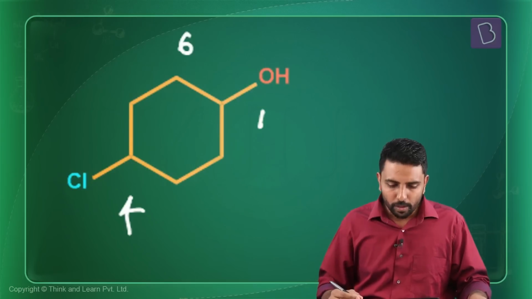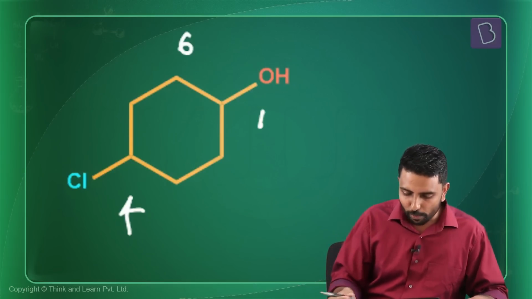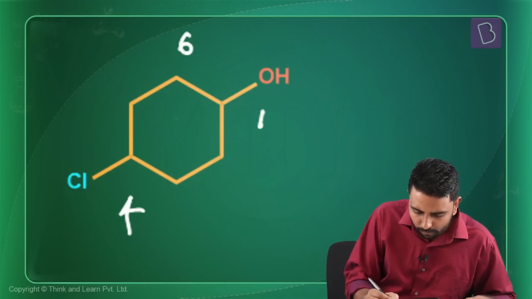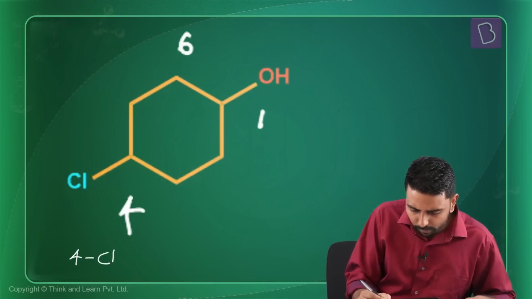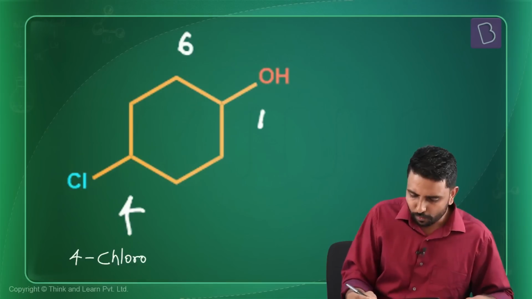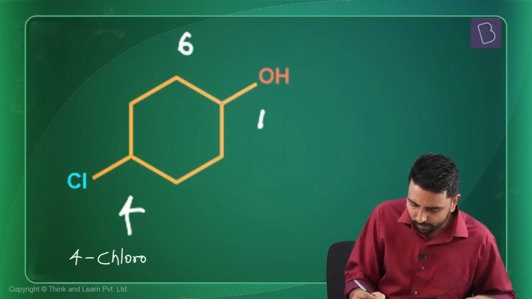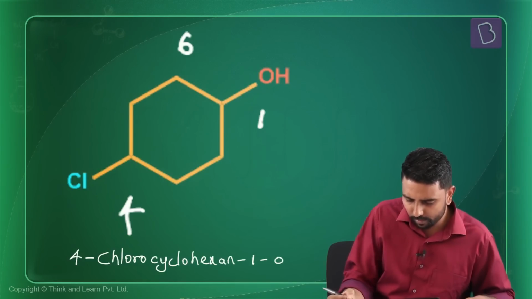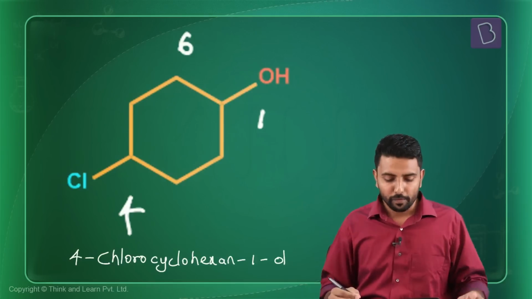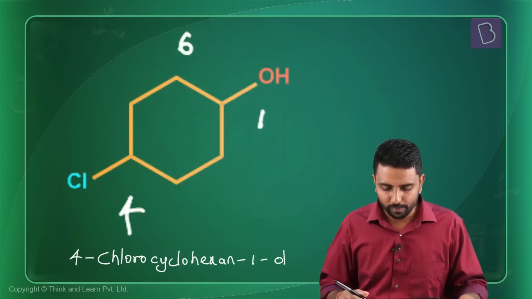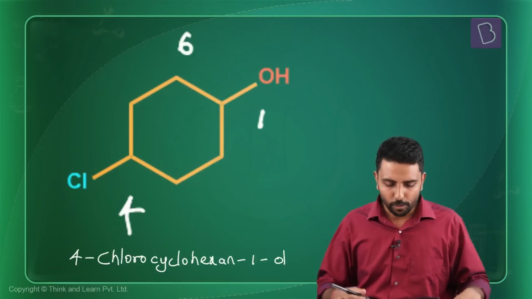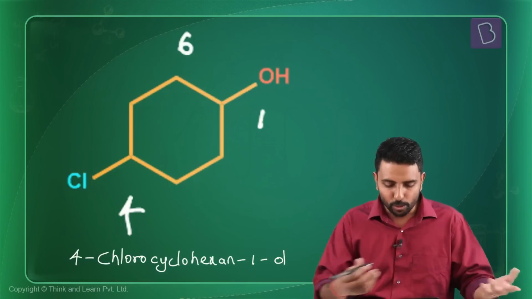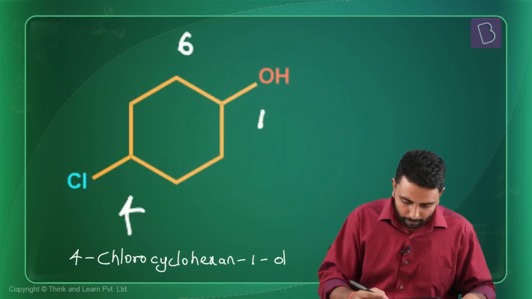So putting it all together, the name of this compound is 4-chlorocyclohexanol. There you have it. This is the systematic method to go about naming a compound.